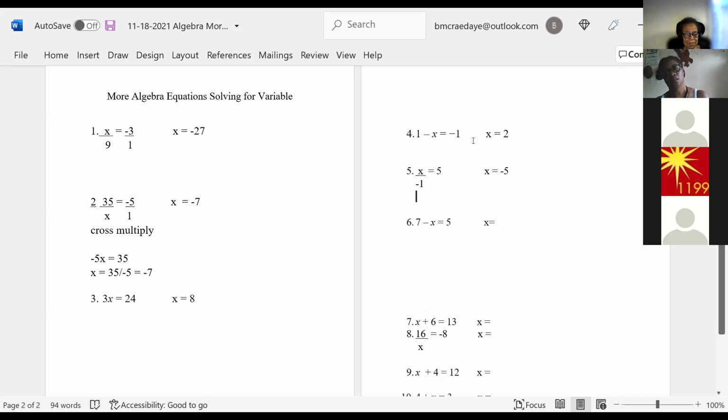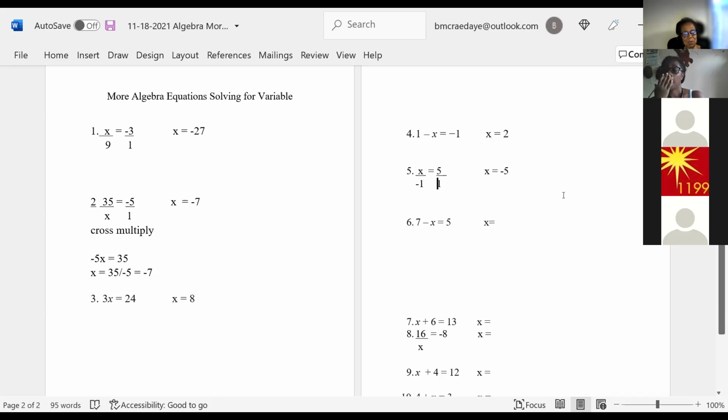Cross multiply: x equals 5 times minus 1, or minus 5. Put a 1 here, because 5 is 5 over 1. x times 1 is x, and 5 times minus 1 is minus 5. So that's how you get minus 5.